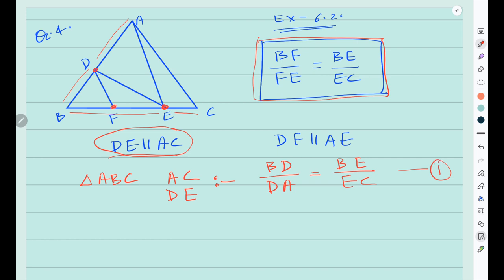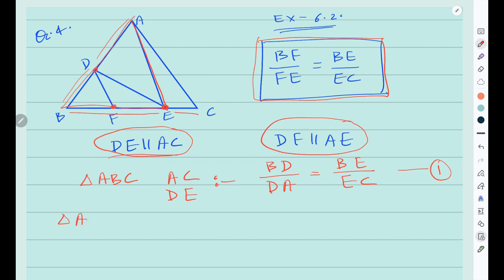And then similarly, let us do something with DF and AE. Now it is talking about this triangle, AEB.